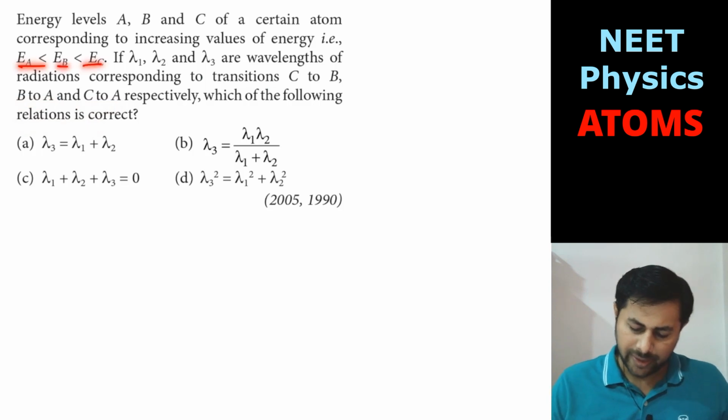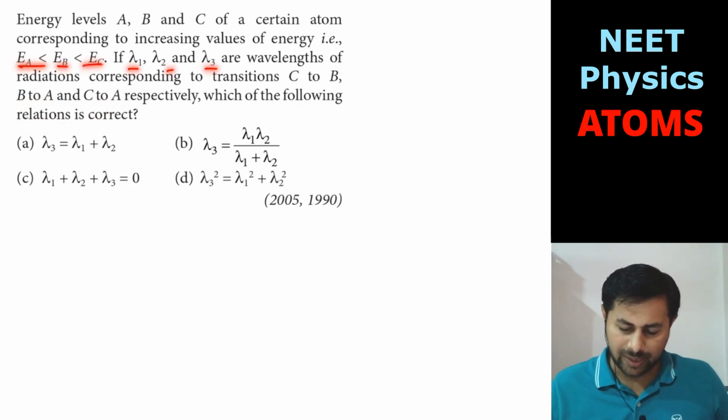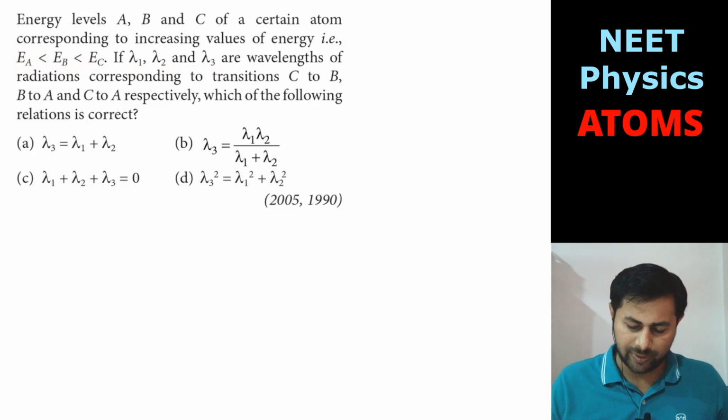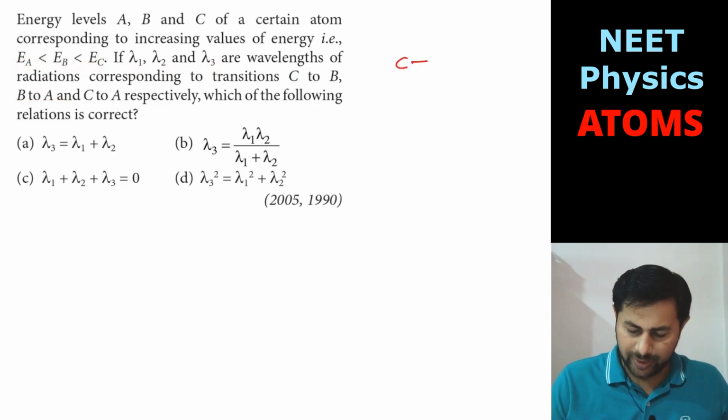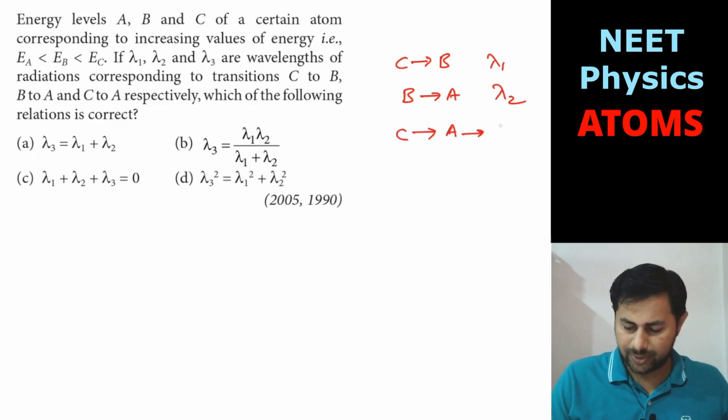So C to B is lambda 1, B to A is lambda 2, and C to A is lambda 3. Right. So you want the relation between these wavelengths.